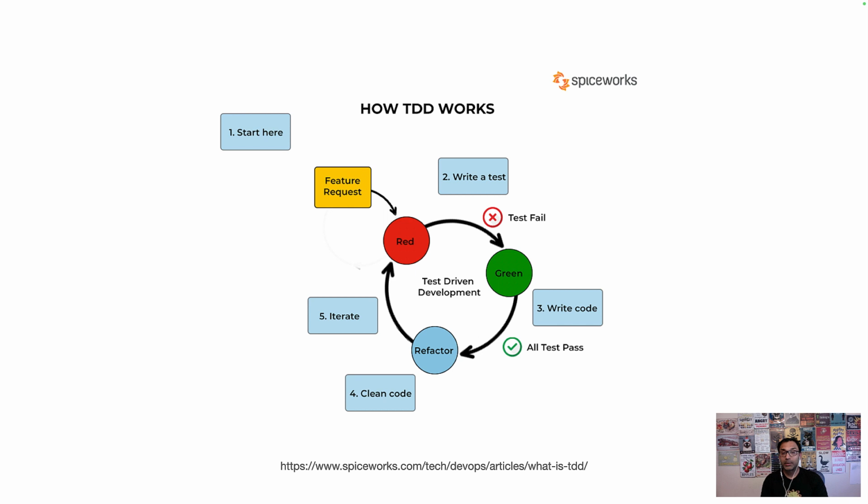Once the test passes, then you can refactor. And during refactoring, you don't really write a test, all right? Because during refactoring, the behavior has not changed, and the test that you have written should still succeed because it's checking the behavior. So refactoring should not be changing the behavior of the application.